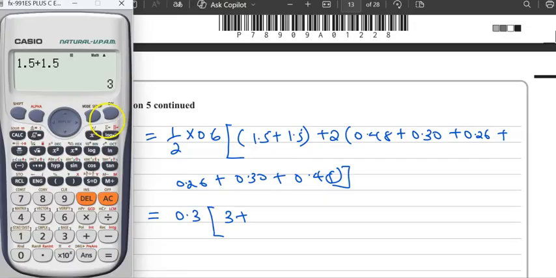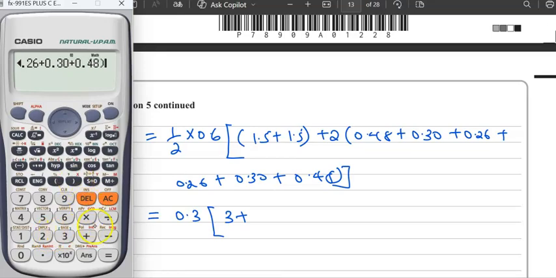We can also have 2 into 0.48 plus 0.30 plus 0.26 plus 0.26 plus 0.30 plus 0.48.